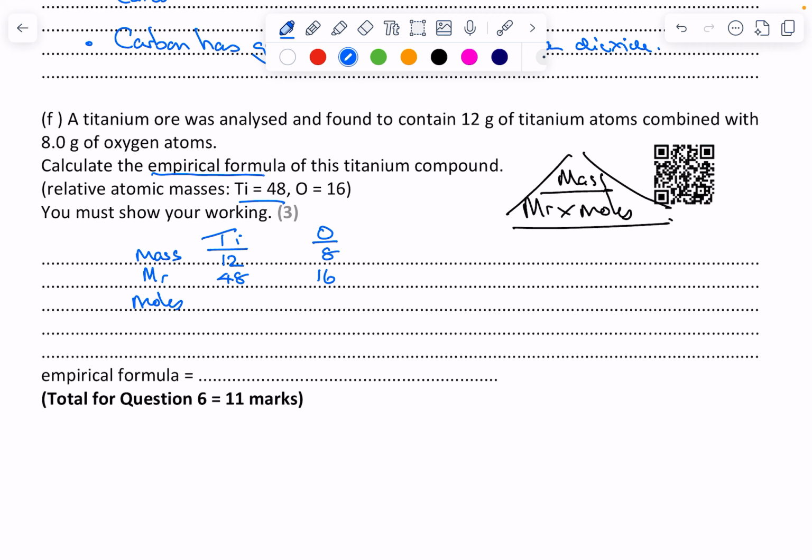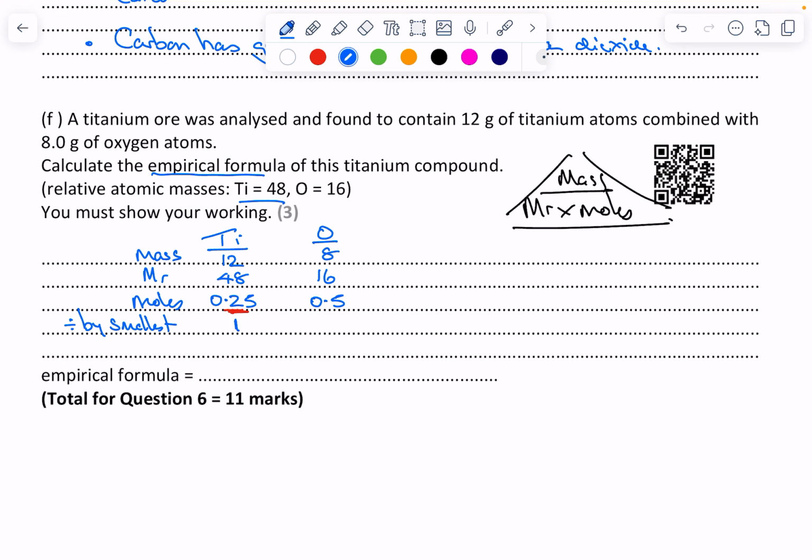So the moles is going to be, in this first case, 12 divided by 48 is 0.25, and then I've got 8 divided by 16 is 0.5. Okay, then to work out the ratio, we are going to divide by the smallest number. So smallest number in this case is this number.